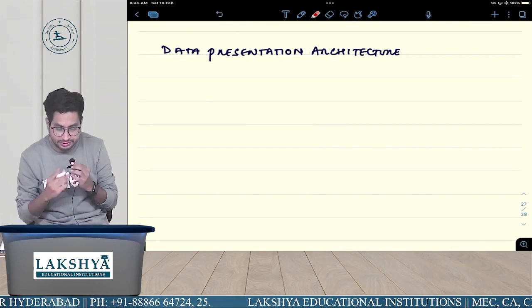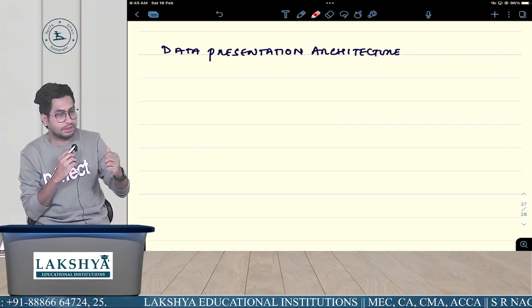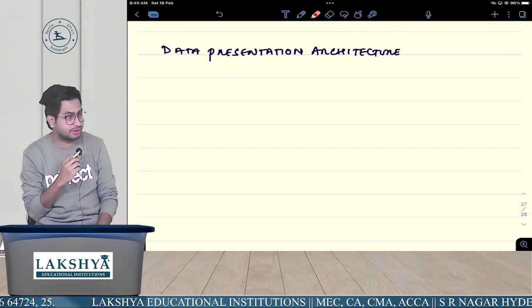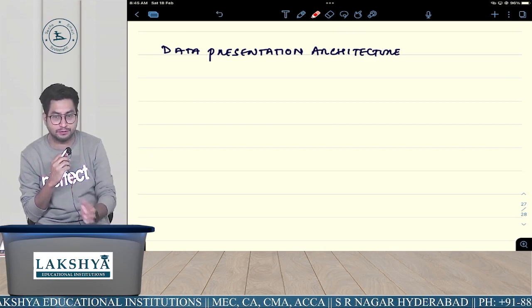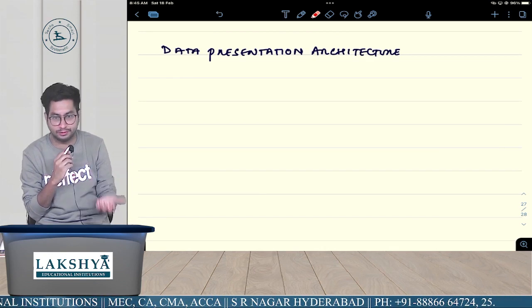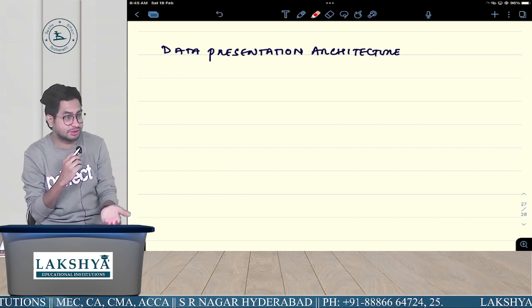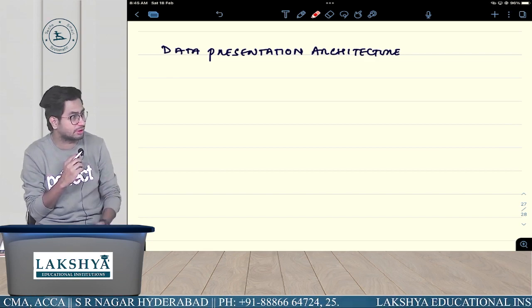So what exactly is a data presentation architecture? Have you received other subjects' materials also? Is every material presented in the same manner or a different manner? Different. Like the accounts material you may have is in a different manner. Presentation is different. My material presentation is different. Does every faculty give notes in class?